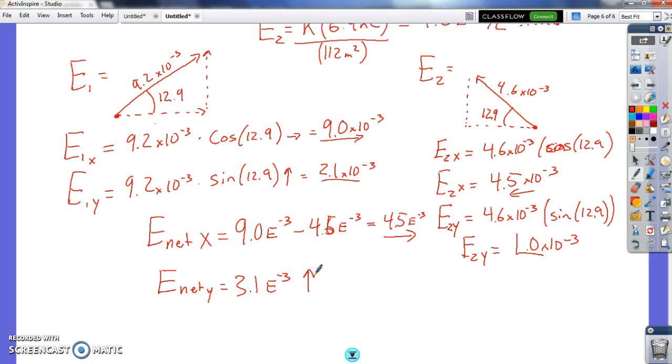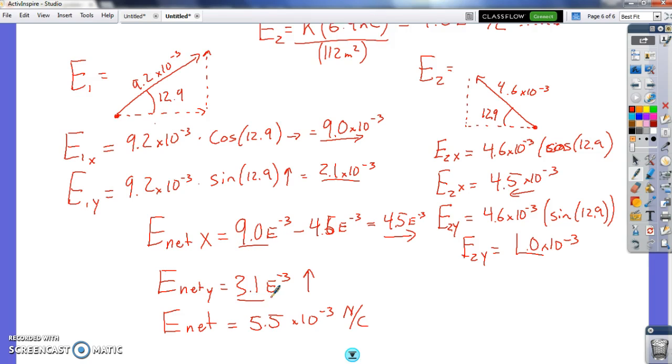And so we can use our Pythagorean theorem to find our net electric field in the up and right direction, which is actually going to be 5.5 times 10 to the negative third newtons per coulomb. And the angle, we use the tangent of our x and our y.